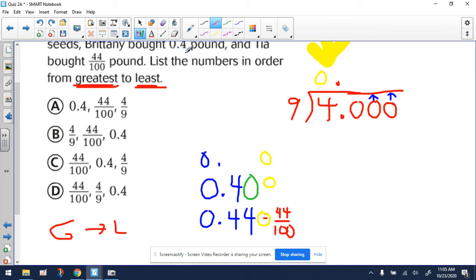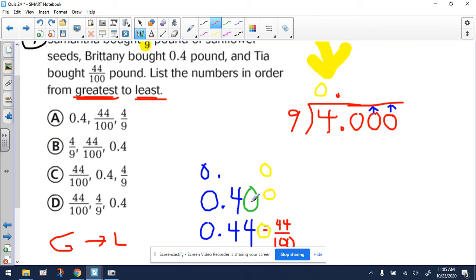Now, once we get that decimal equivalent, let's line everything up nice and neat. So we already know that this value, if we throw a 0 on there, would be equal to 40 hundredths, or if you even wanted to throw another 0 on there for thousandths, you certainly could. 44 hundredths written as a decimal would look like this. So finish up this math. Now, by the way, if it doesn't work out evenly when you get to the digit that's going to go right underneath that arrow, you might want to go ahead and just get that next digit.